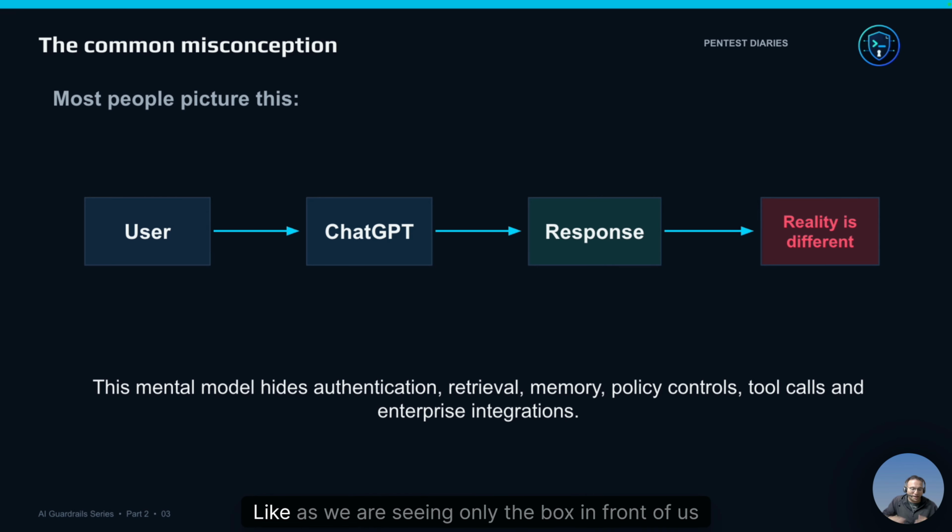We see only the box in front of us where we put a query and get a response, but a very simple interface can be connected to a very complicated backend. It's a bit like looking at a browser and assuming the browser is the entire internet. So let's replace this simplified diagram with something closer to what we actually see in production.